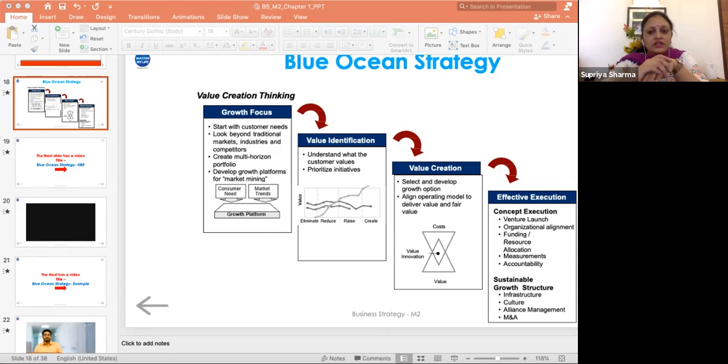So value innovation, if you see your Uber example also, not getting into many examples, there was a value innovation there. They were not trying to beat the competition. There was no competition. You made the competition irrelevant. It is another leap, another dimension, another orbit that we moved into.